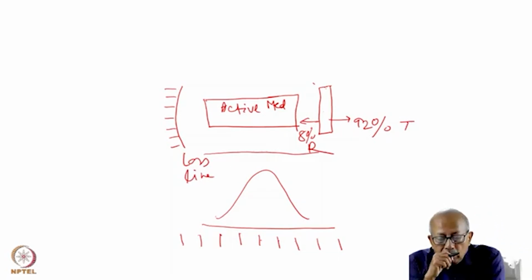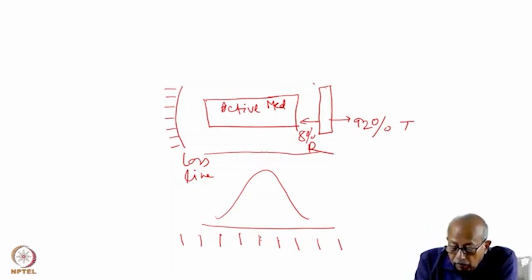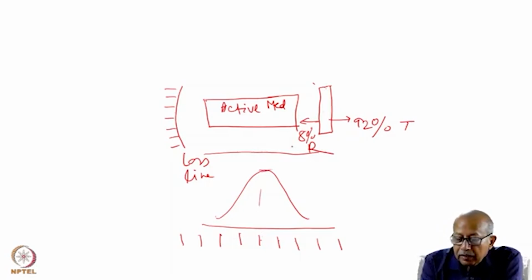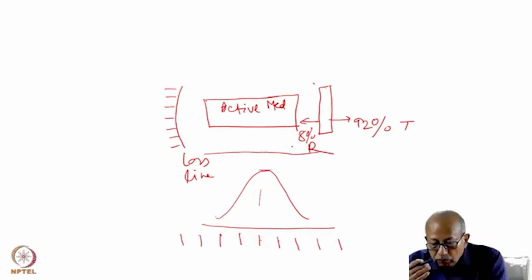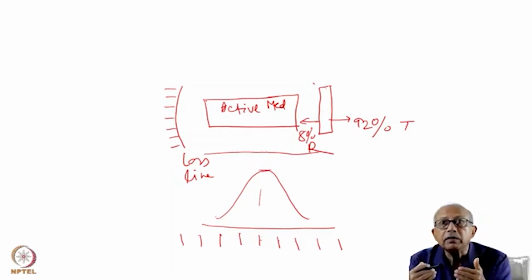Now, as you know, for oscillation to occur, the mode should have a net gain, meaning the gain must exceed the loss. Now you can see that even for the mode which has the highest gain, its gain is less than the loss. So it would not lase.